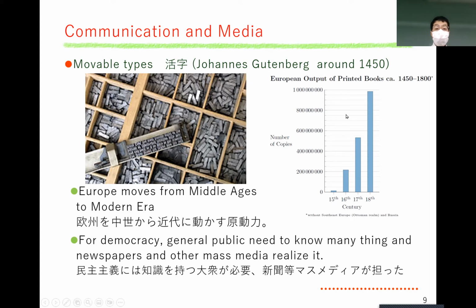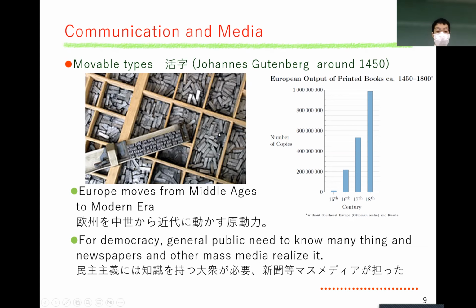This means that before movable type, books were very expensive and not for the general public. Only a very small part of society could read books. But after movable type, most people could read printed materials. And also, newspapers became possible.